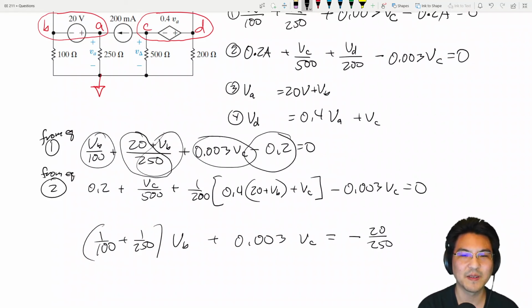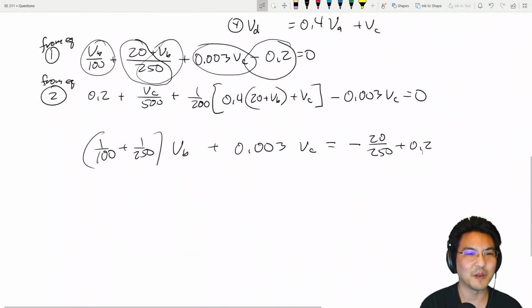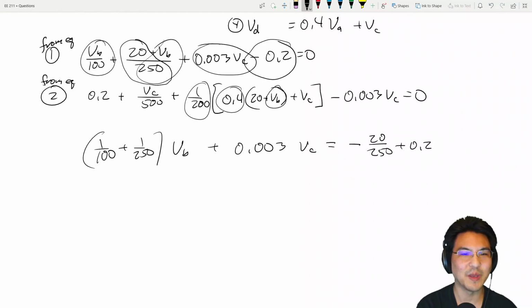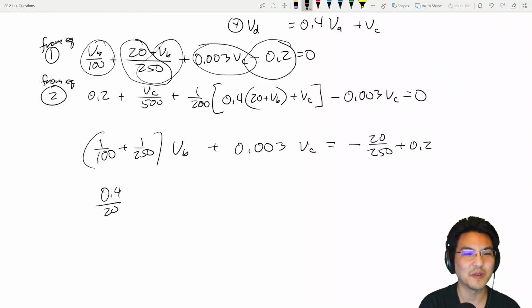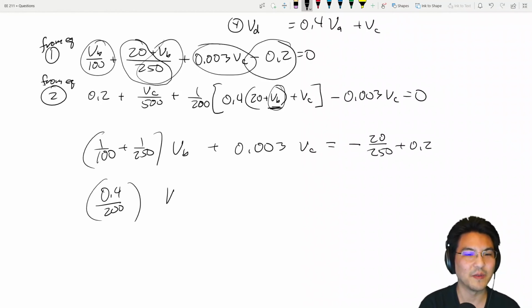And then this constant right here, if I move it on that side, becomes positive plus 0.2. Okay, next equation. For VB, I have VB is right here. So that's 1 over 200 times 0.4 VB. 0.4 over 200 VB. So I got this one over here. And then, is it anywhere else? Oh, that's it. Okay, so this VB.